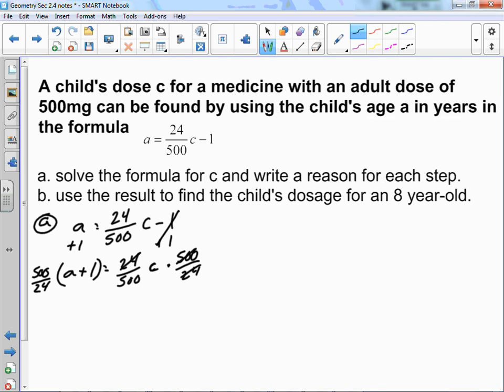And the 24s will cancel, the 500s will cancel, which will leave C by itself over there. We have 500 over 24 times A plus 1 equals C.